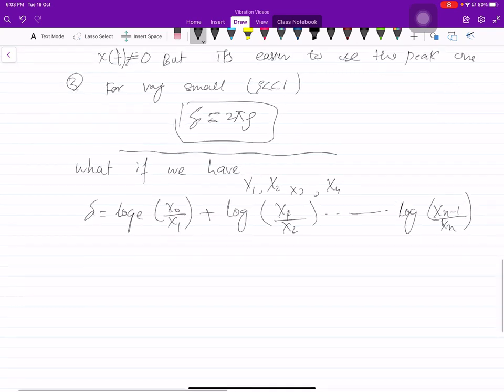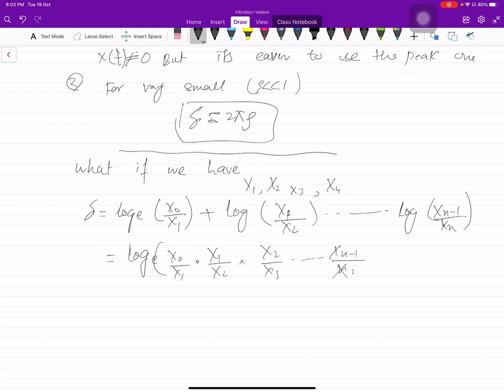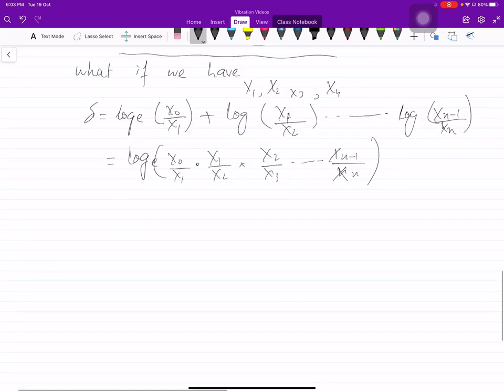We know that the log is of x0 over x1 multiplied by x1 over x2, x2 over x3. So it goes here and up to xn.